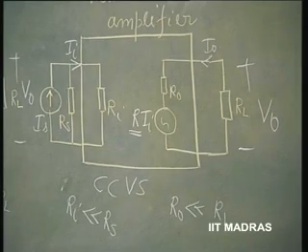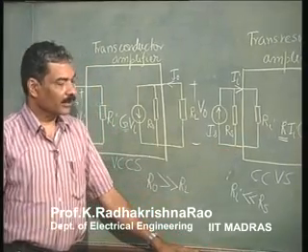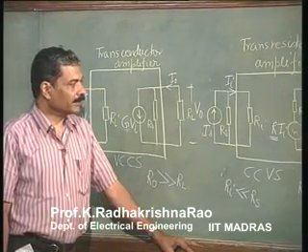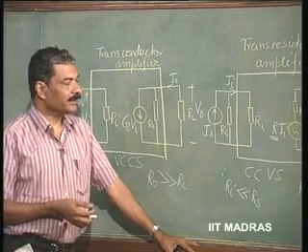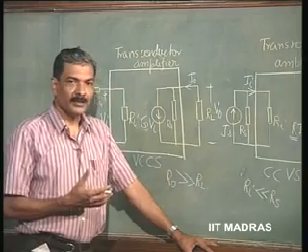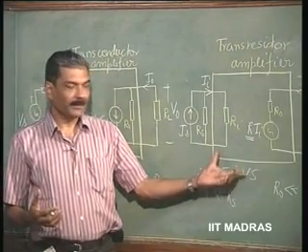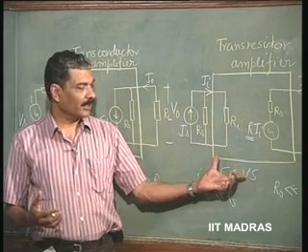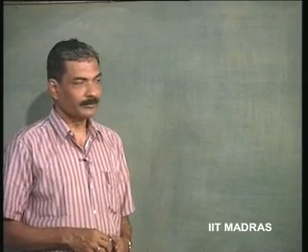Very few of current control current source type as well as this current control voltage source type are in existence, but with the advent of new designs in integrated circuits, the current control current source has become very popular, and recently people have attempted to design current control voltage sources as well. So, traditionally we have been taught only about voltage control voltage source as amplifier.